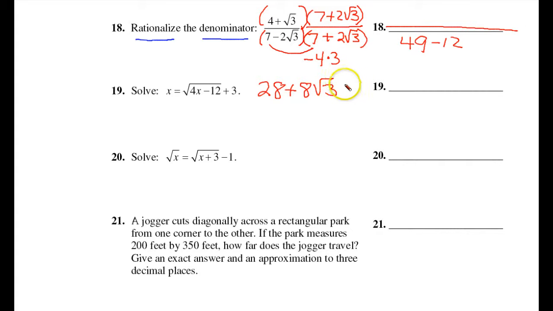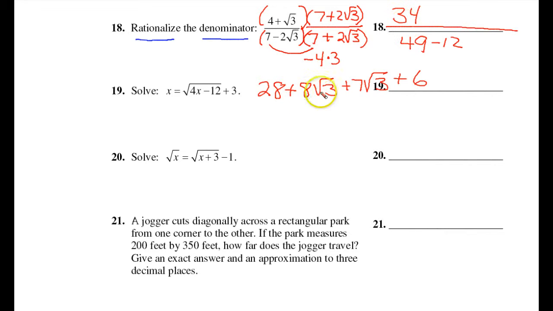Our inners is plus 7, the square root of 3. And our last will be 2, and then this becomes the square root of 9, which is 3. 2 times 3 is 6. So 6 and 28 is 34.